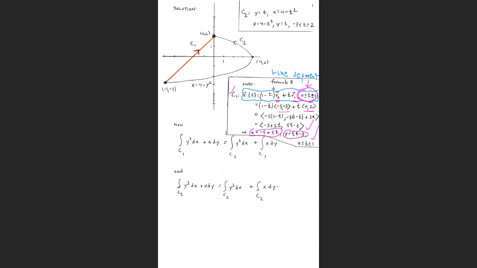Are there any questions on that? All right. Let me give you a moment to catch up here. Now, we'll talk about the second space curve, C2, in a moment.